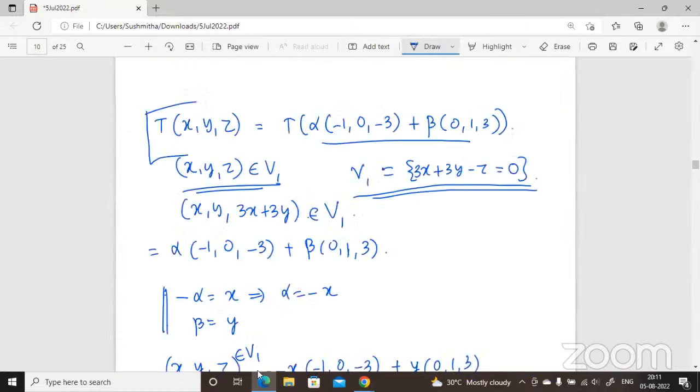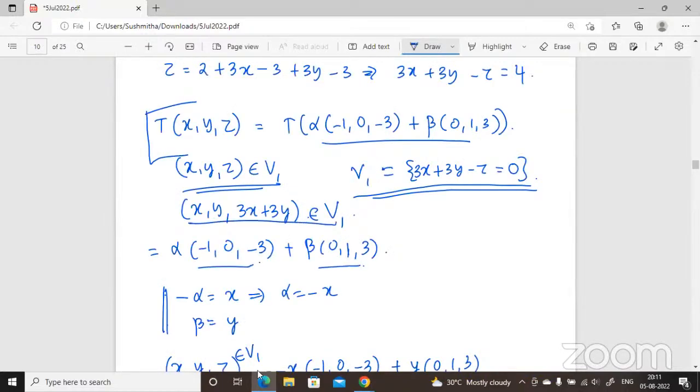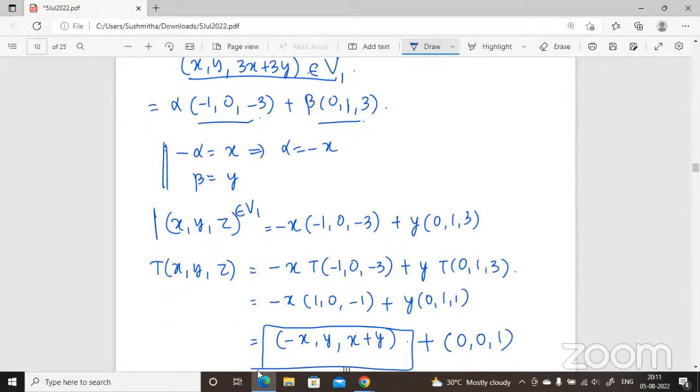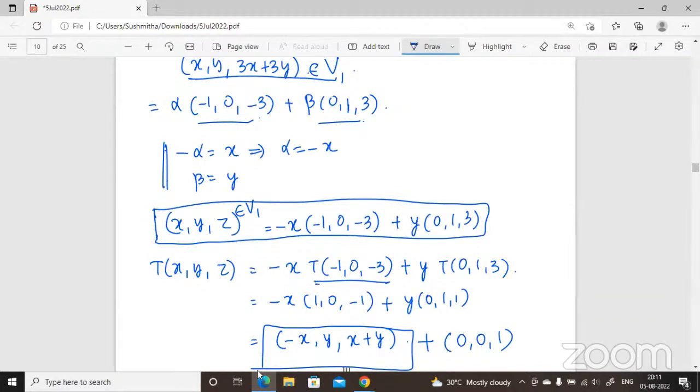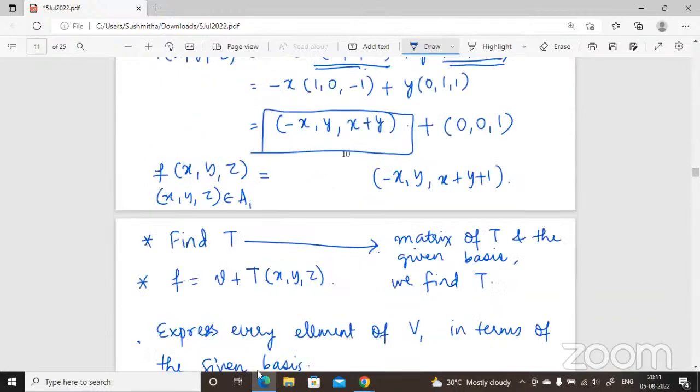So that's what we did here. Express every element of V1 in terms of the basis vectors. And once that is done, you apply the linear transformation. Using the matrix of the linear transformation, we already know the image of this and this. So from there, you get the linear transformation. Once you get the linear transformation, you just have to shift it by using that one vector.